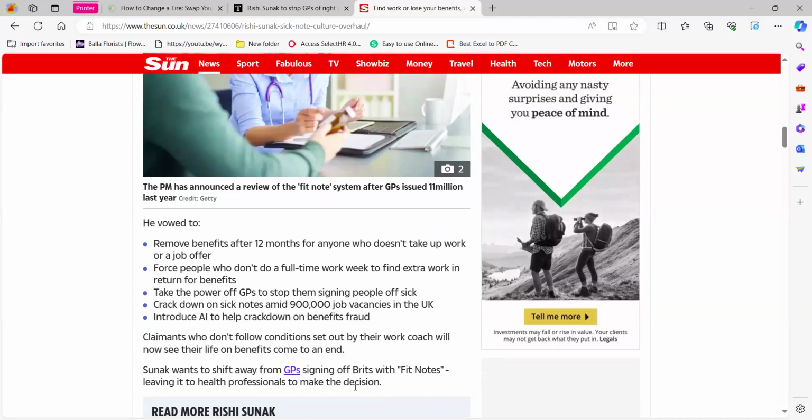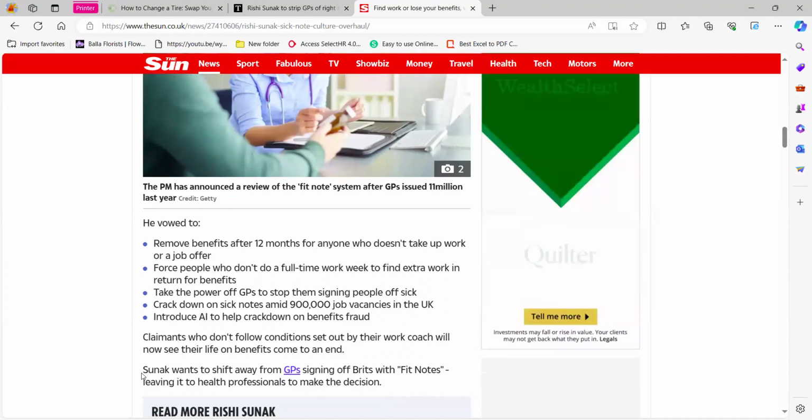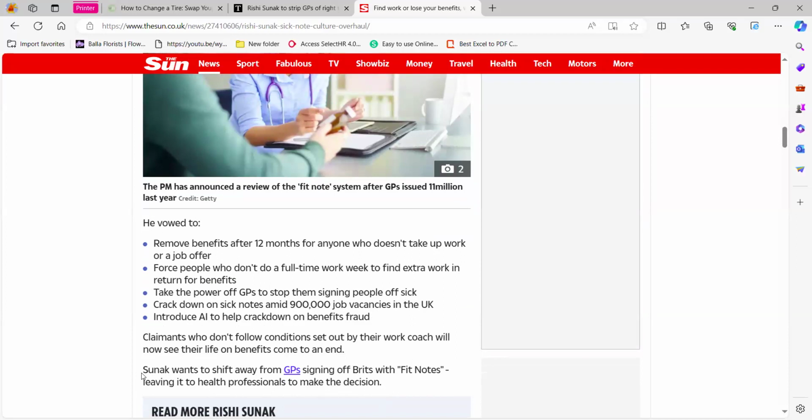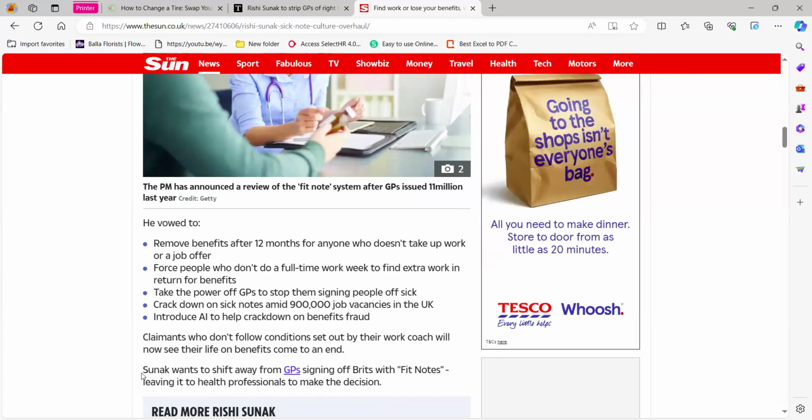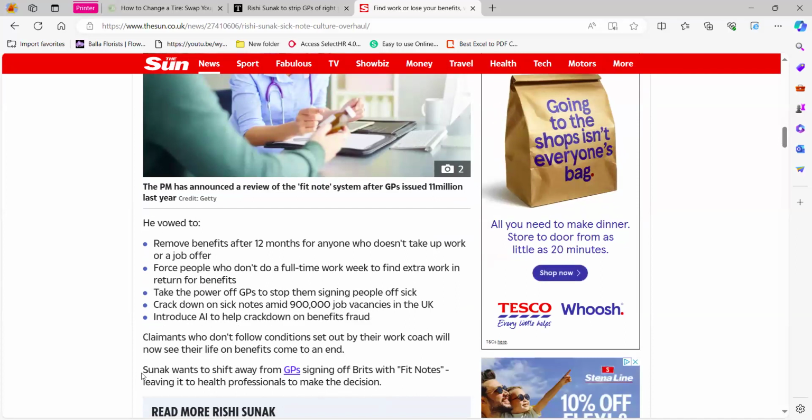If I just draw your attention here, the last line that you can see on the screen: Sunak wants to shift away from GPs signing off Brits. That's shorthand, Brits, for British people. You wouldn't really see that in a serious broadsheet story.